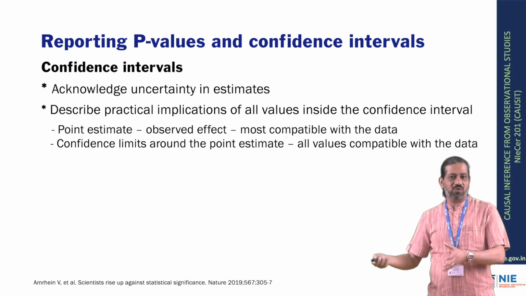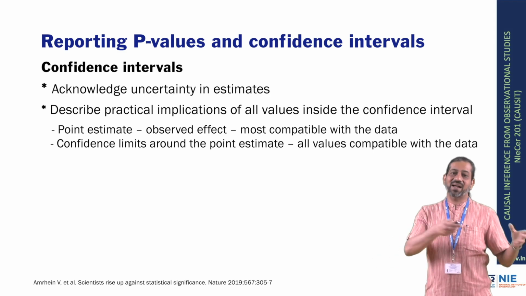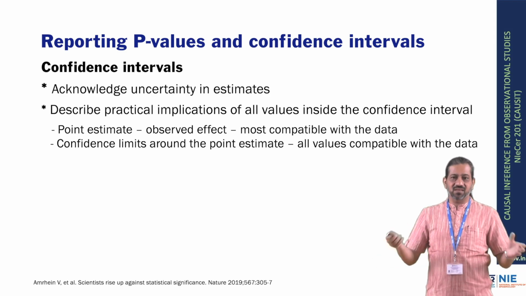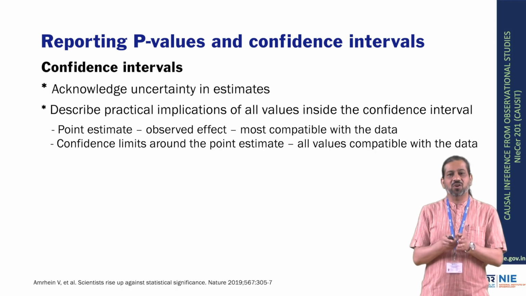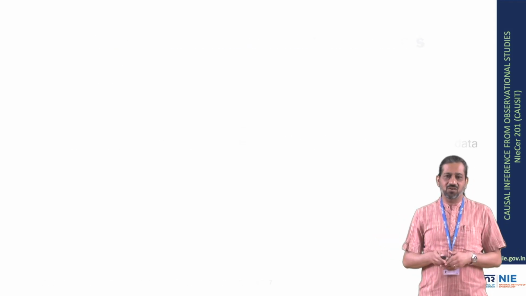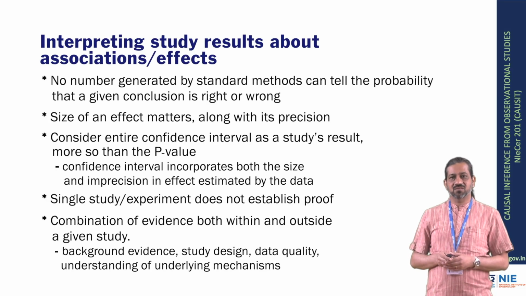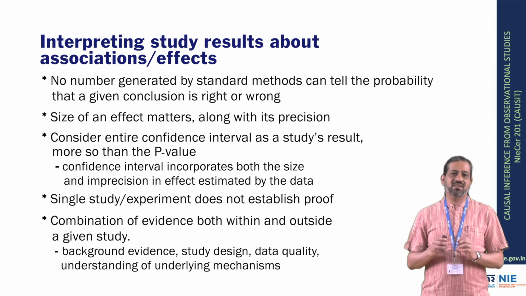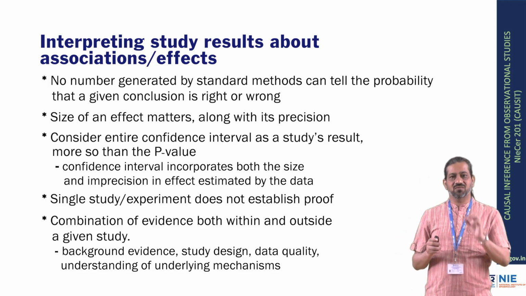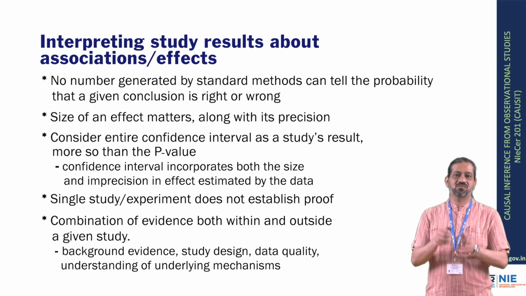Is it more of a positive effect? Is it compatible with a positive effect? Is it compatible with a negative effect? How uncertain is it, how wide is it, and does this range of the confidence limit have practical importance or not? So when you are interpreting your study results related to associations and effects, remember that statistical tests should not constitute the sole input to making the causal inference or decision about whether there is an association or effect.